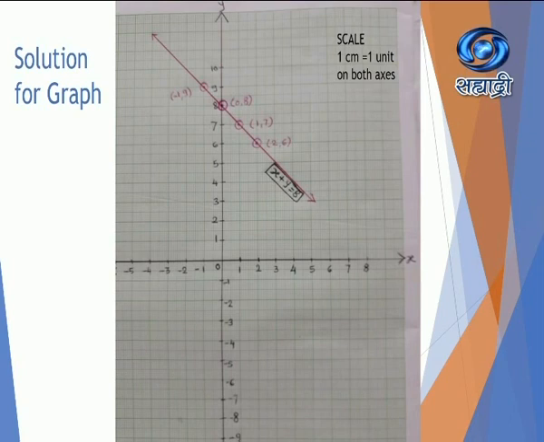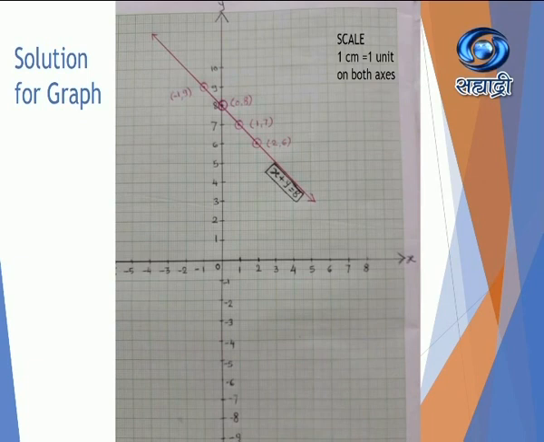One more important thing to remember while drawing a graph is to show the x-axis, y-axis and the origin. Once you are done with all these preparatory parts, then you actually plot the points, and this is how your line looks. So this is how we have drawn the graph of the line x plus y equal to 8.